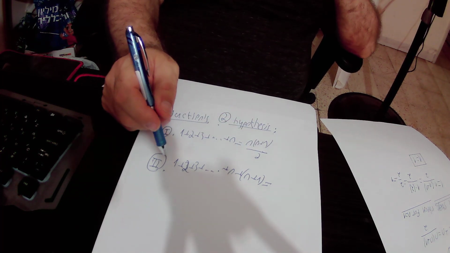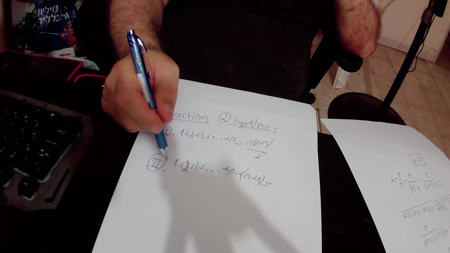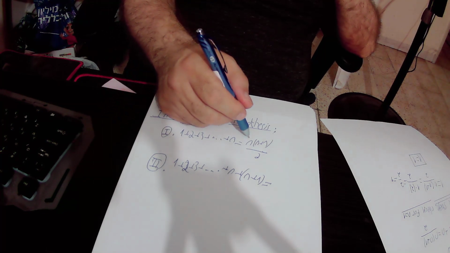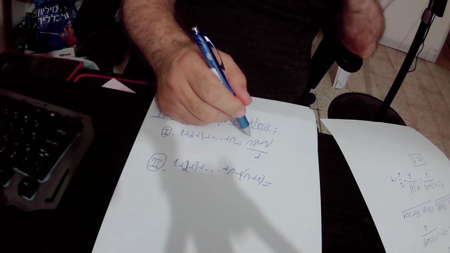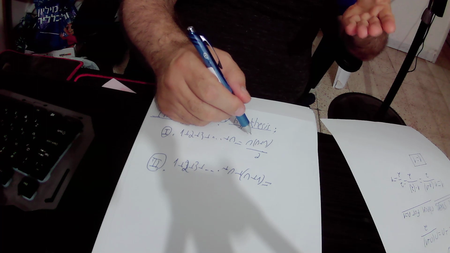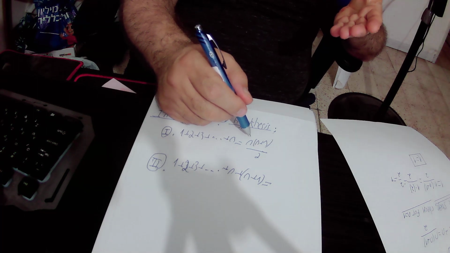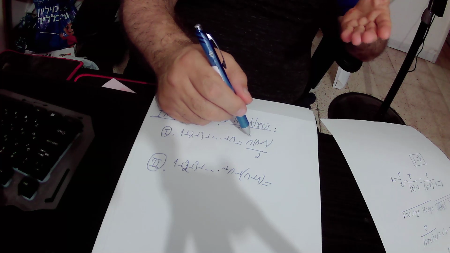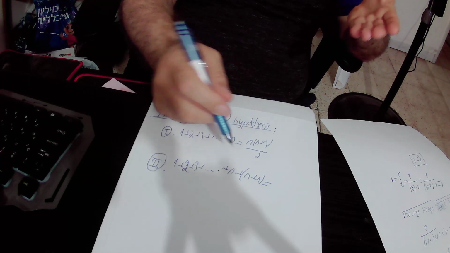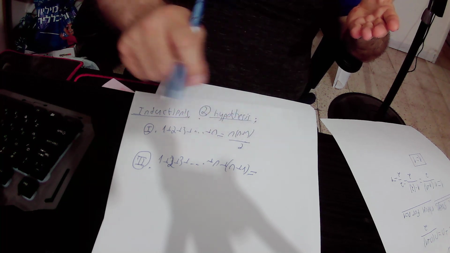but here we want to create the expression for n plus 1, so wherever it is written n, we will write n plus 1 because it is the expression for n plus 1. We will substitute n by n plus 1.